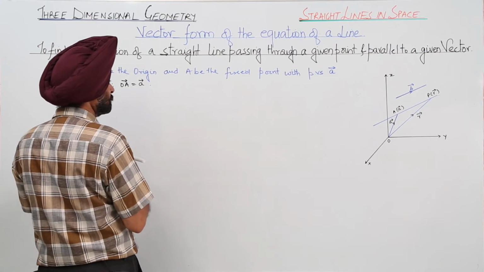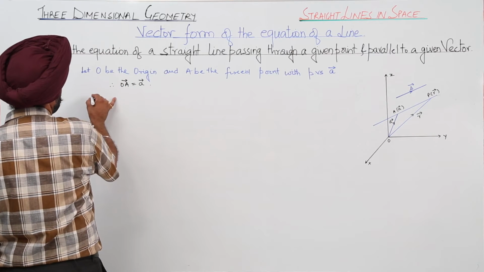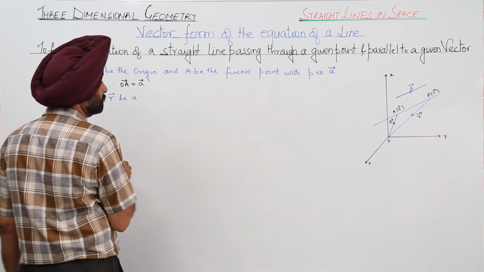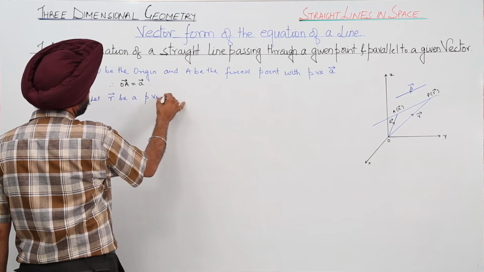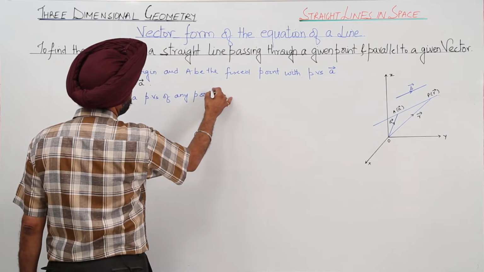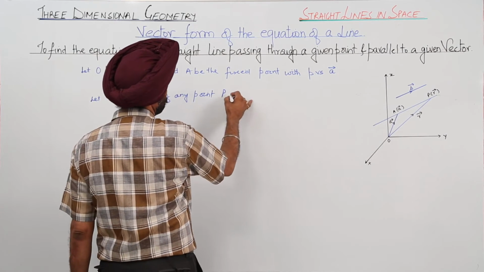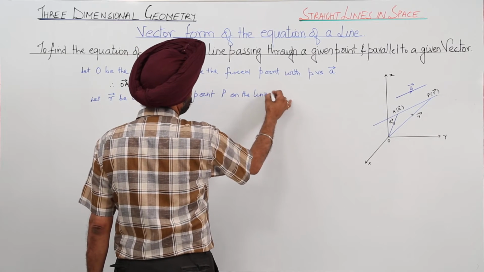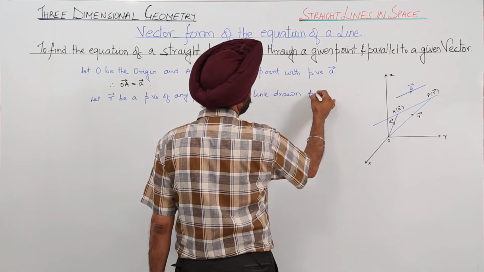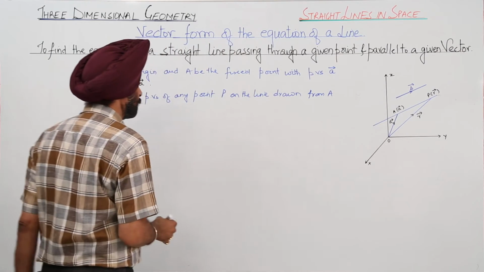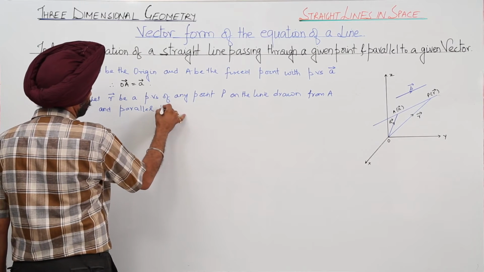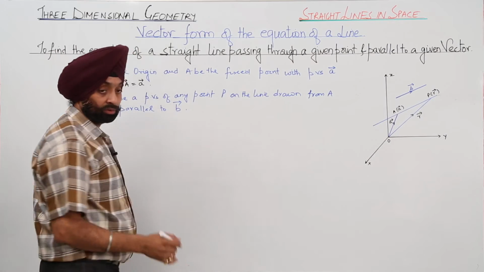Now, then we are having vector R. Now, let vector R be a position vector of any point P on the line drawn from A and parallel to vector B. Now, just check it.